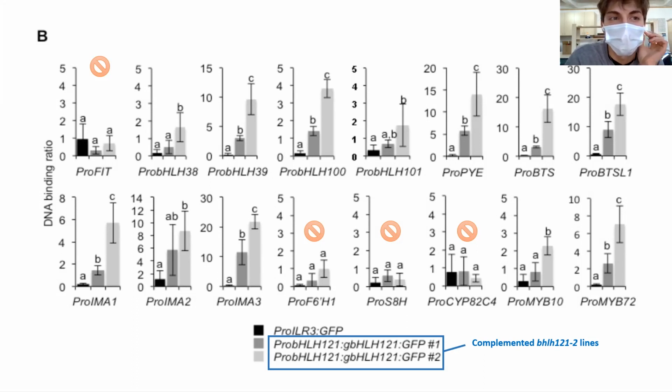Did you understand? So something else is interacting with FIT for sure, but it doesn't need to be analogous to BHLH121, I think. I mean, Hocam, they mentioned that BHLH121 acts upstream and it's unlikely to interact with the promoter of FIT. So it probably is a form of network interaction.